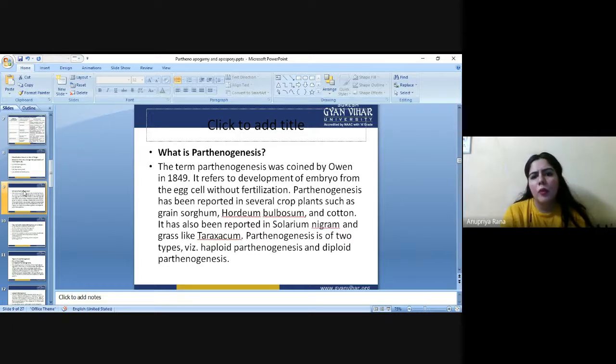This is a very important process because it carries forward pure lines. A diploid cell converts into a seed in a plant formed by a single parent, so all the characters of the parent transferred to the offspring will be the same.